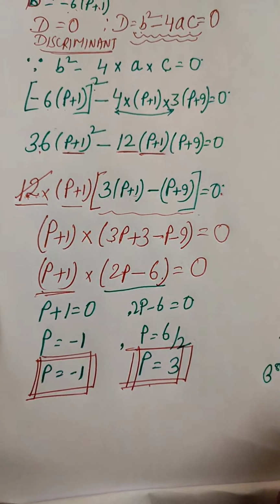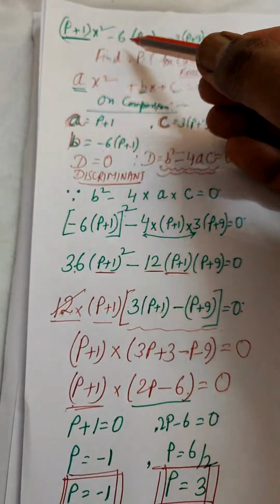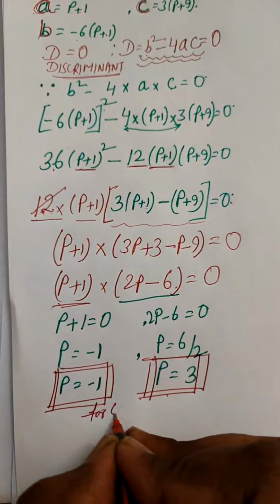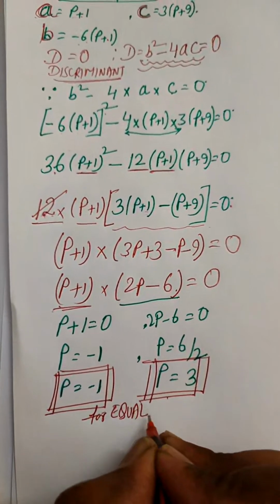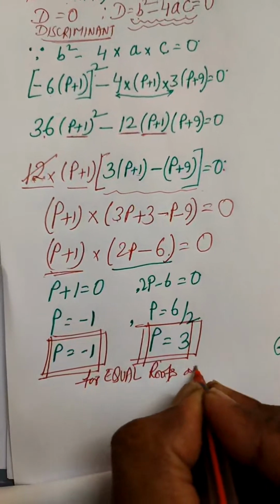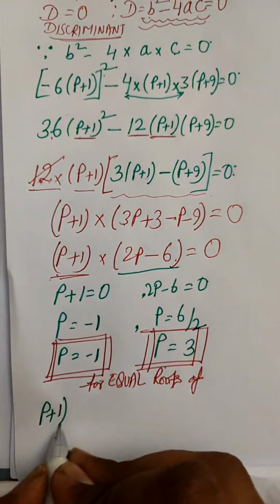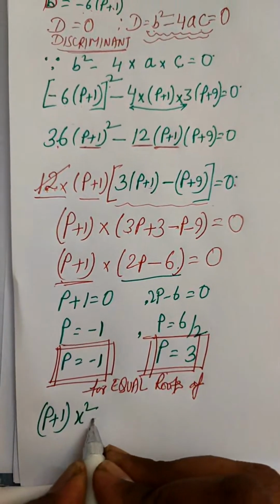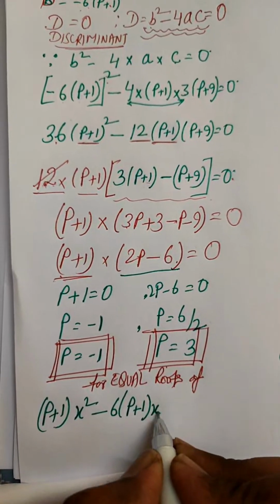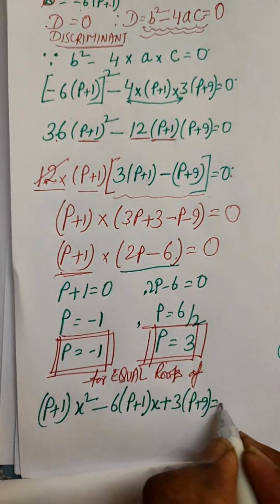And what was that quadratic equation? That quadratic equation was this one, (p plus 1) x square, I'm just writing the quadratic equation over here again, minus 6 times (p plus 1) x plus 3 times (p plus 9) equal to 0.